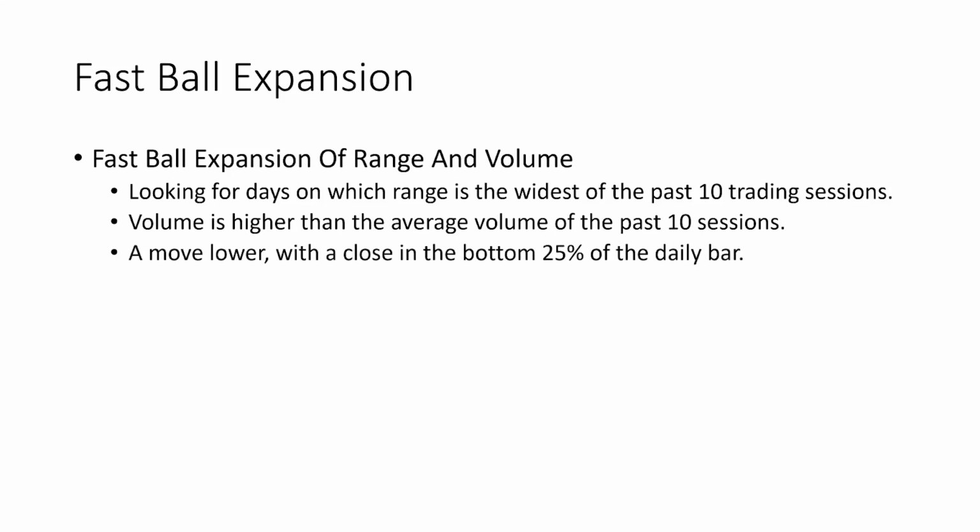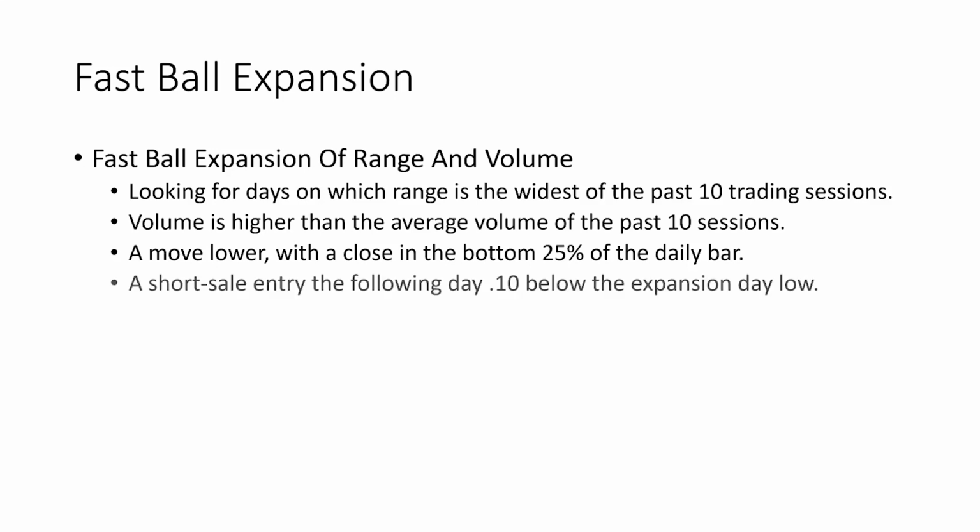And then in the case of a short sale, I'll just go through what a short sale looks like. We want to see a move lower, and I want to see a close in the bottom 25% of the bar. So basically, if I'm going to short it, I want to see it open high and then close low. And the next day, I'll just look to enter a short sale 10 cents below that Fastball day bar, right? So 10 cents below the low of that bar.